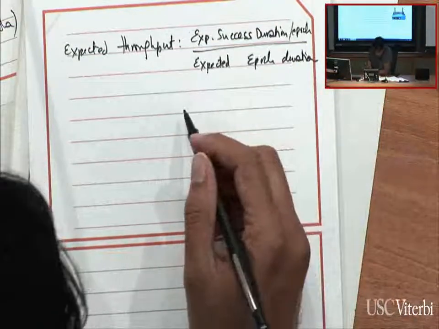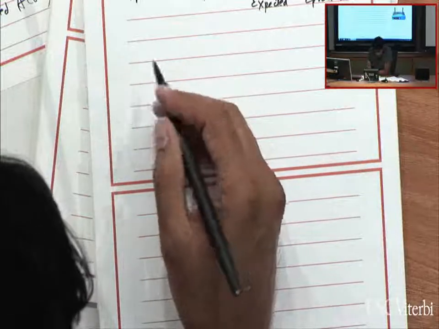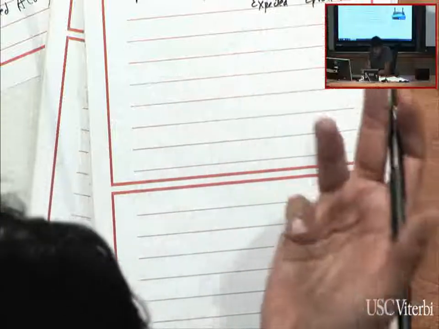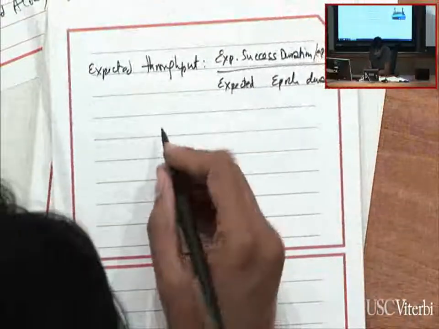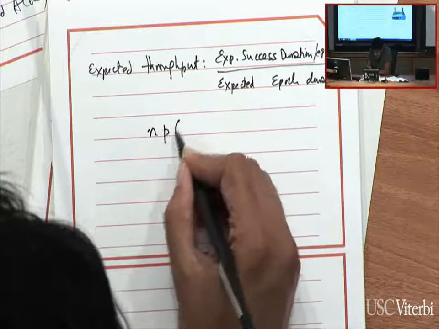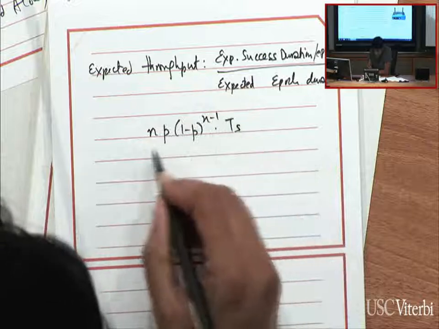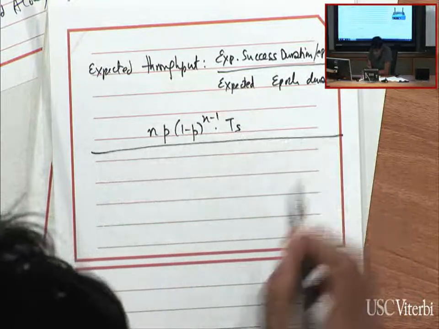So for PCSMA, in general, the expected success duration is the probability that it's successful times the success duration. And the probability of success is n times p times (1 minus p) to the n minus 1, times TS. That's what goes in the numerator.